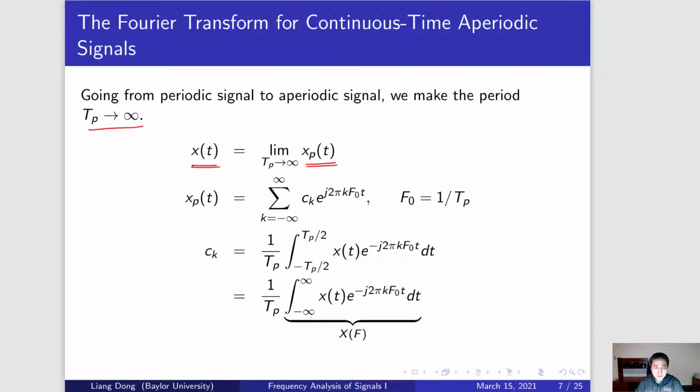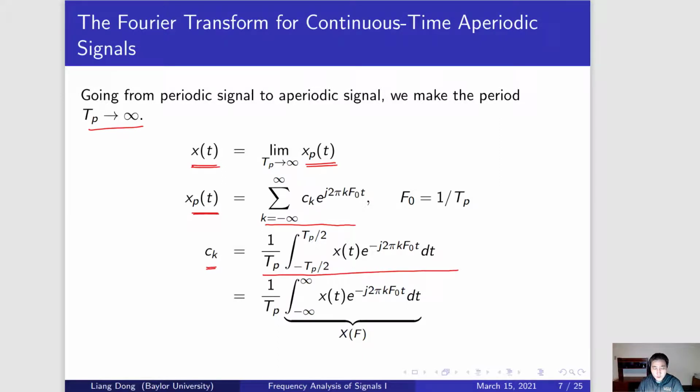Because x sub p is a periodic signal, we can write it as before using the Fourier series expansion, and then we find c sub k using an analysis equation. It can be calculated like that.